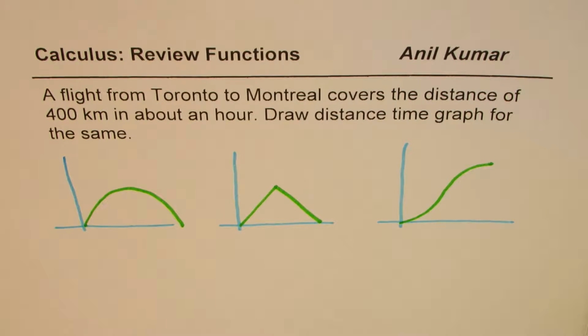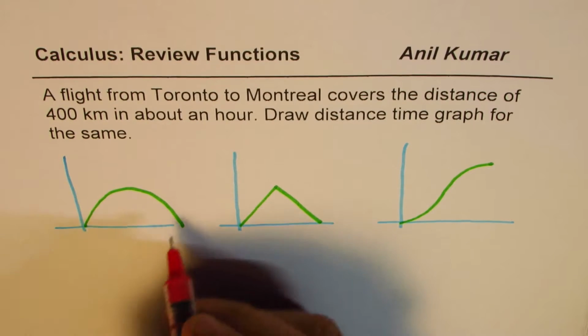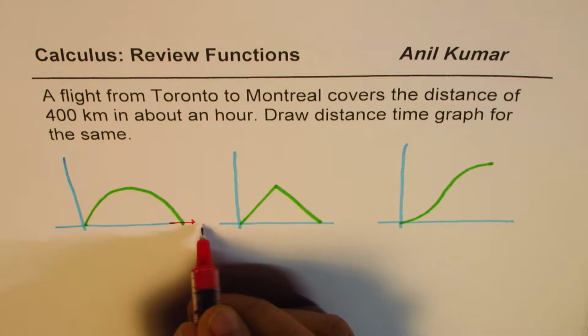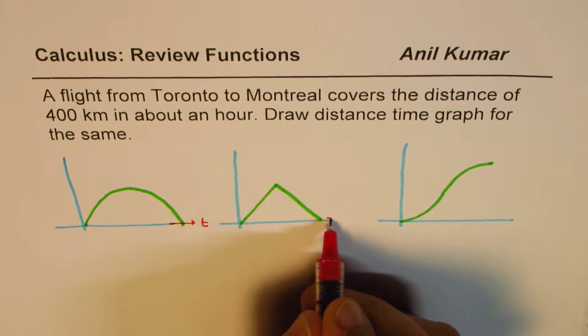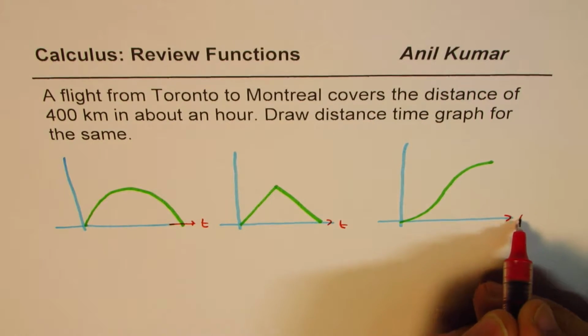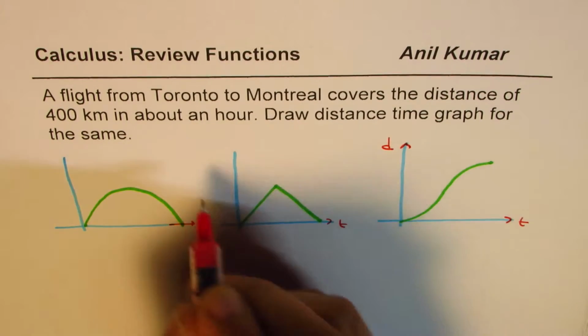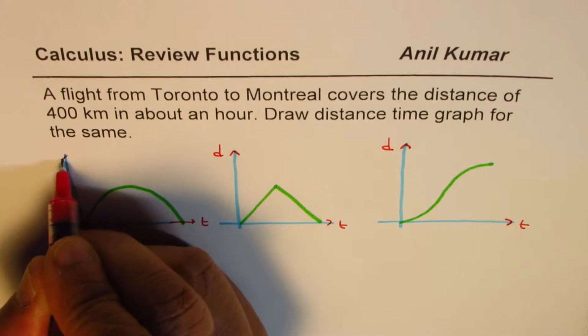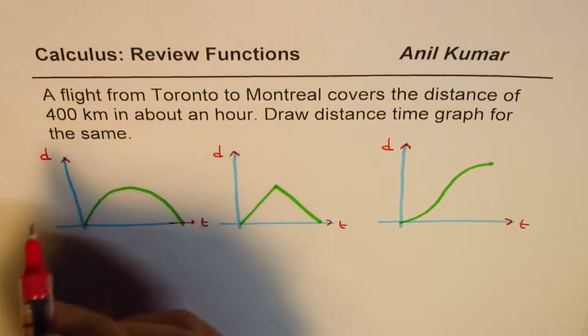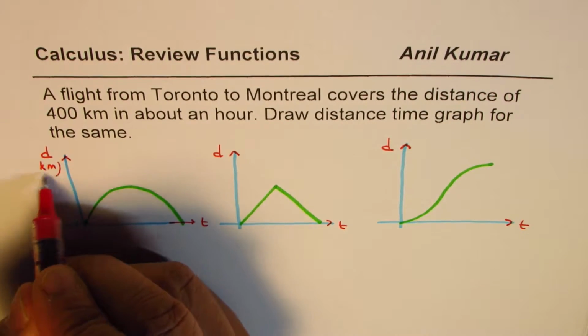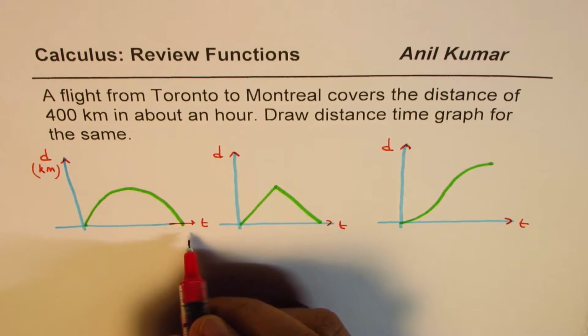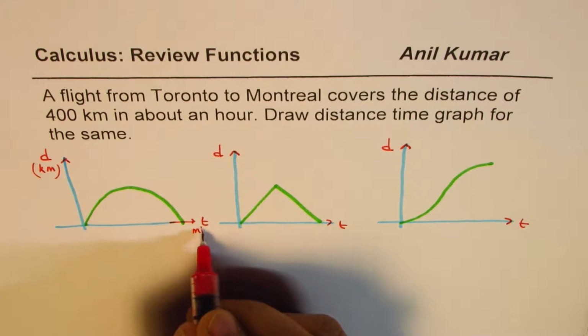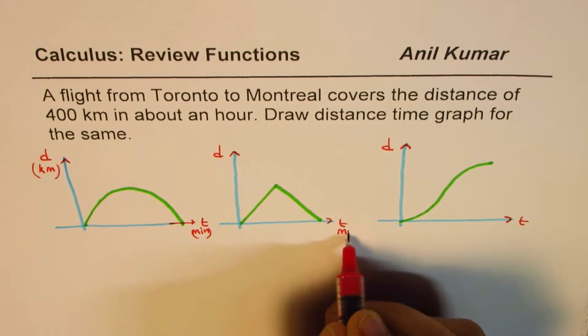So there are many versions. It could be any of these, right? So what is common in these graphs is that this axis here is the time for each, right? This is time, and this is distance. Of course distance is in kilometers, and time is in minutes, okay?